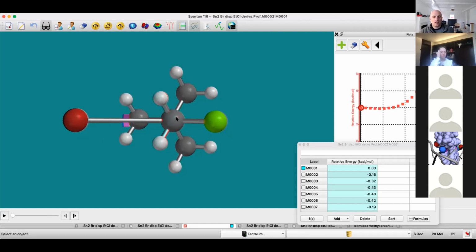But because I've got no hydrogens left, I'm stuck with this methyl group facing the nucleophile. And so that's why you get this dramatic drop off in the rate. Basically, neopentyl substrates are not good SN2 substrates. So you don't ever see rapid SN2 reactions at those centers.